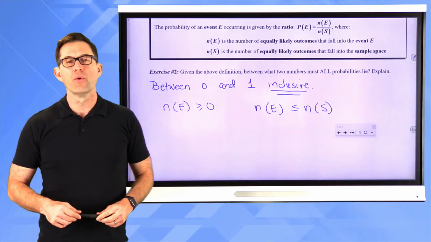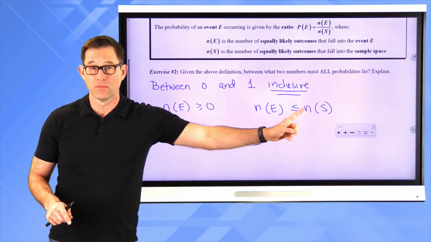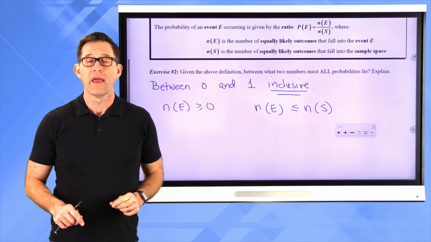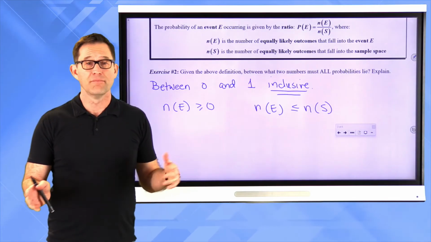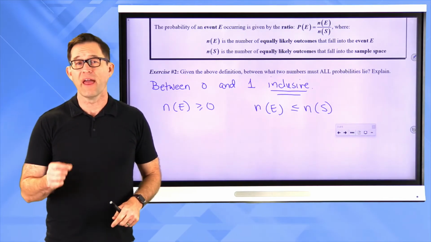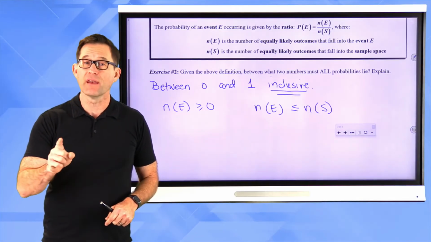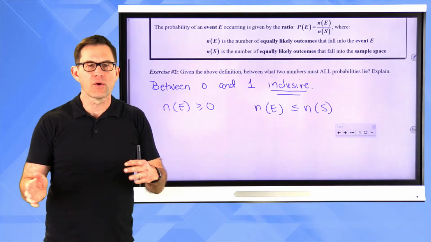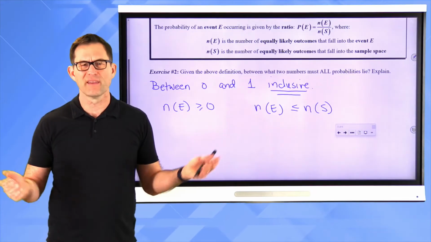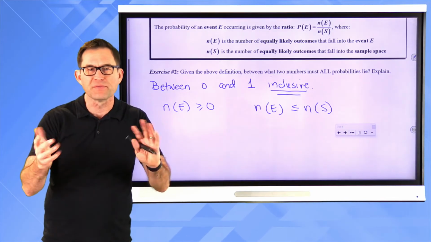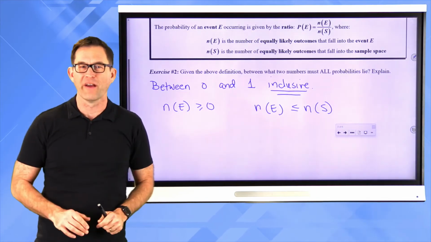Now, one of the golden rules of inequalities, which is what these two things are, is that we can divide both sides of an inequality by any positive number, and it doesn't change the inequality. Now, if we divide an inequality by a negative number, then we've got a problem, because then it flips the inequality. Don't worry about that right now.